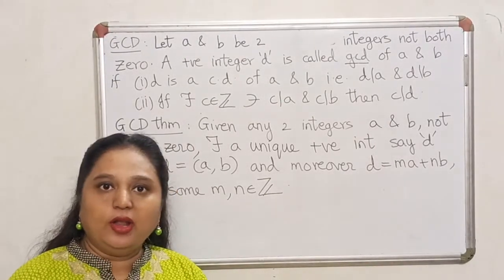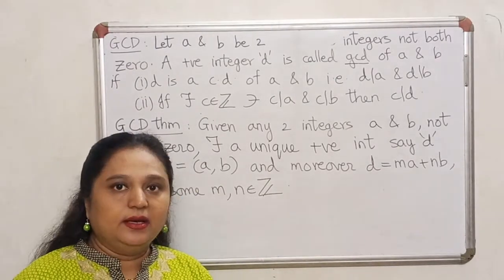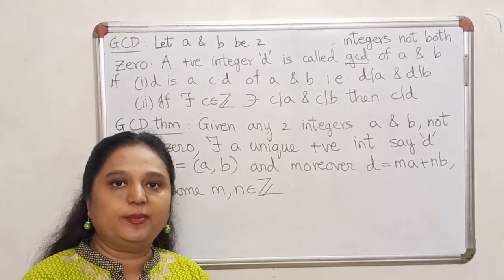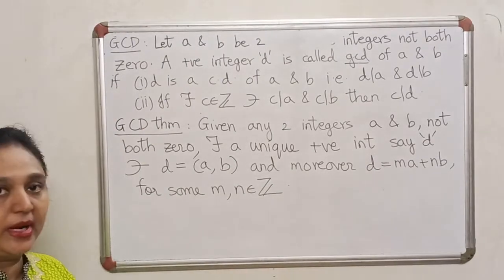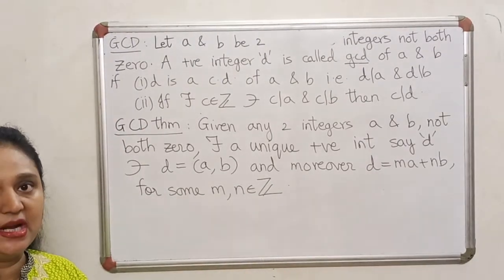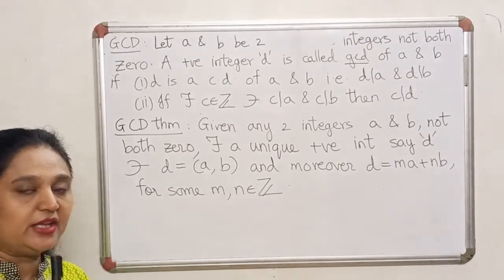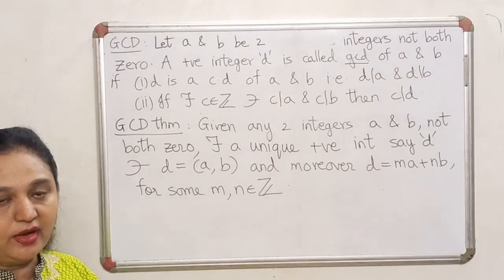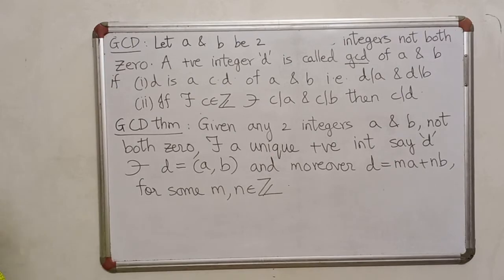And also recall Euclid's lemma. I had mentioned that in Euclid's lemma, the fact that P is a prime is very important. If P is not a prime, perhaps the result will not work. But I had said that, however, if there is an extra condition there, then the result will definitely work. So it's now time to look at that extra result that I am talking about.